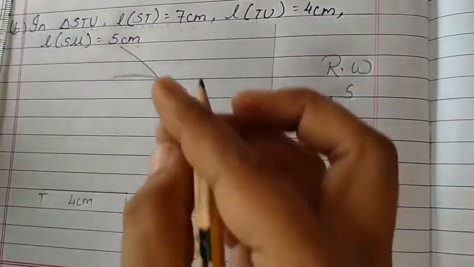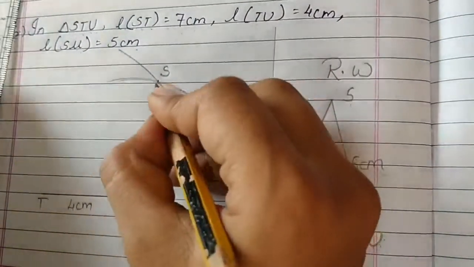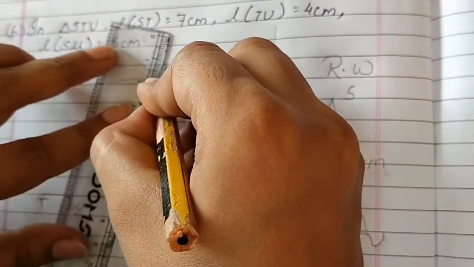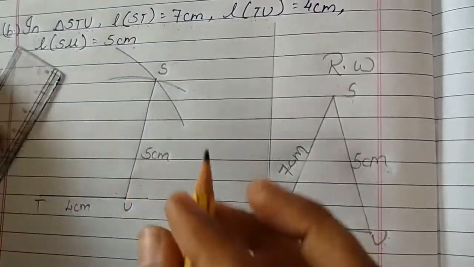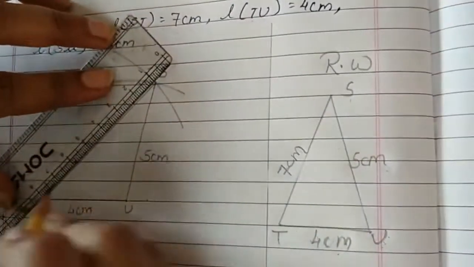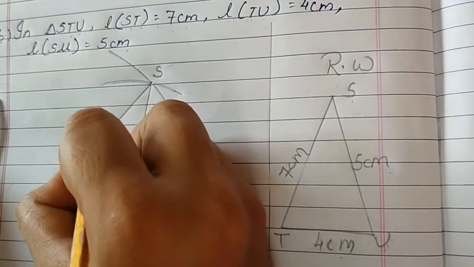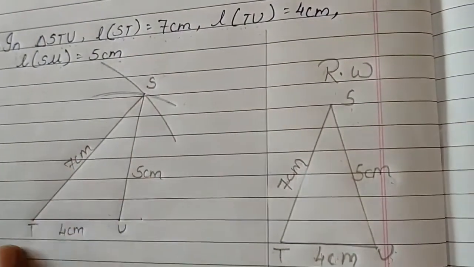Now we got point S. Now I will join S and U, that is 5 centimeters, and S and T, that is 7 centimeters. So this is our triangle STU.